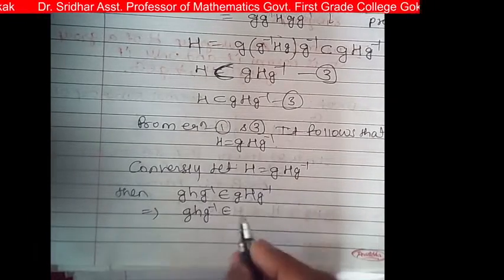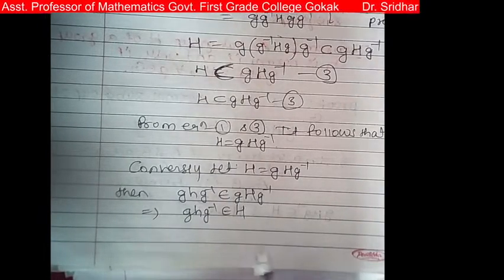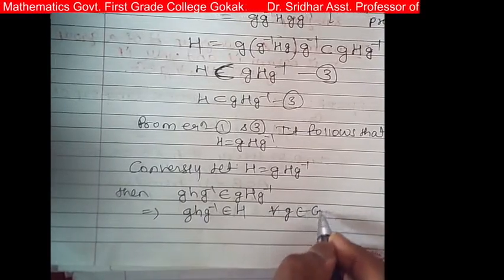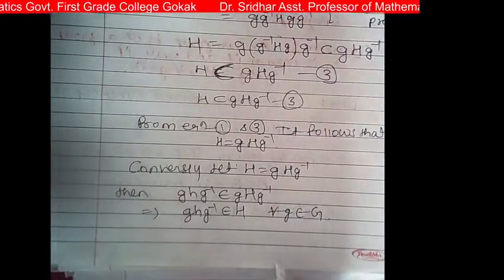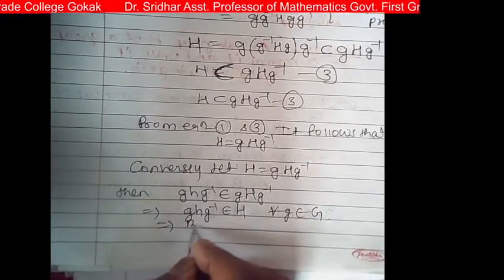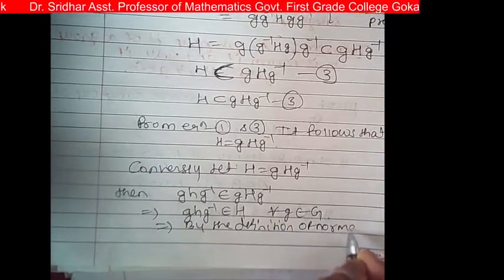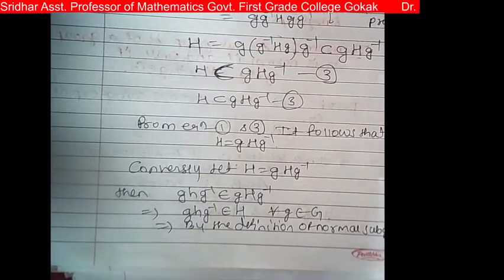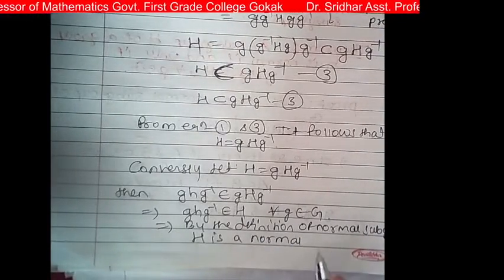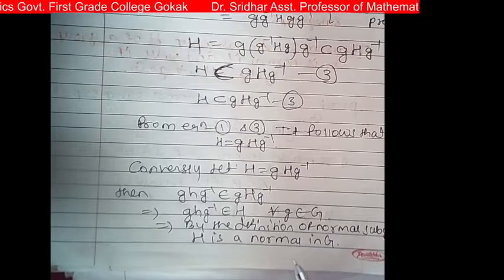This is equal to H. So therefore ghg inverse belongs to H for all g belongs to G. So when ghg inverse belongs to H, by the definition of normal subgroup, H is a normal subgroup in G. So this is the proof of the first theorem.